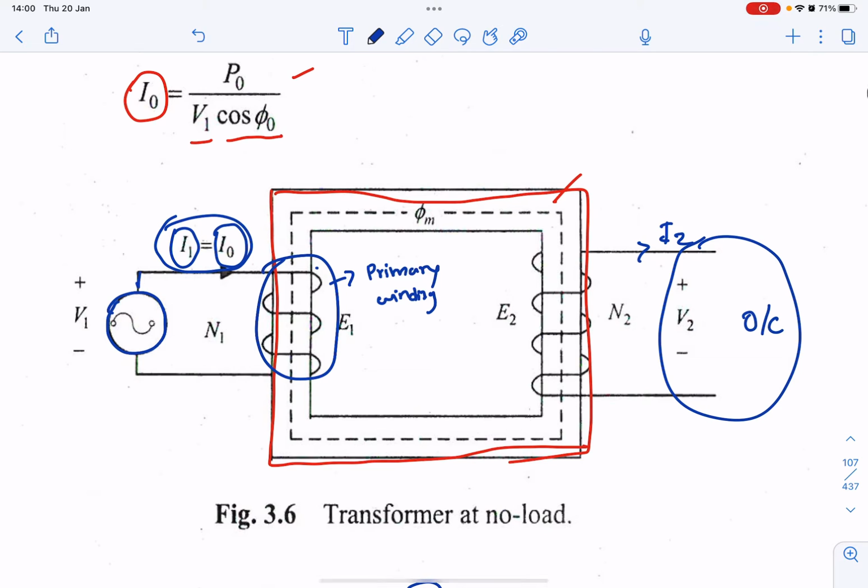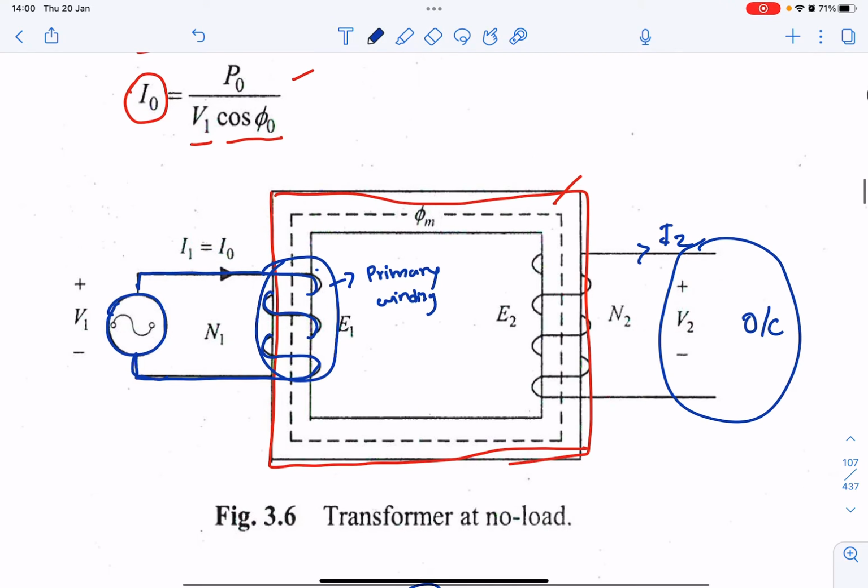Since this is a closed circuit, you complete the circuit, there will be current flowing within this circuit. We call this current I1 because this is the primary side. Since this is a no load condition, we can also call this I0, a no load current.